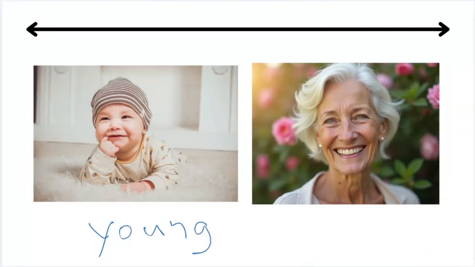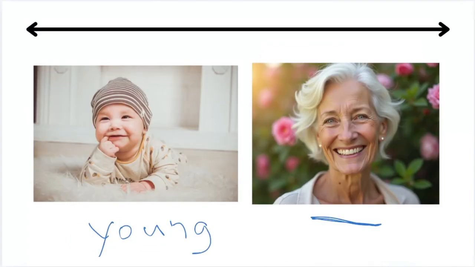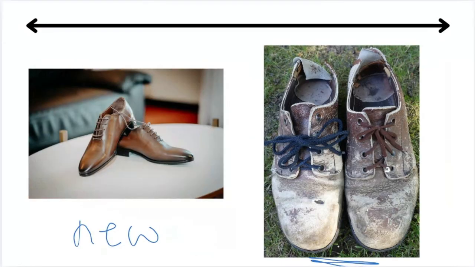However, when we talk about age with people and age for objects, they will use the same word. This is an old person or an older person. And this is an old pair of shoes. They can both be old.